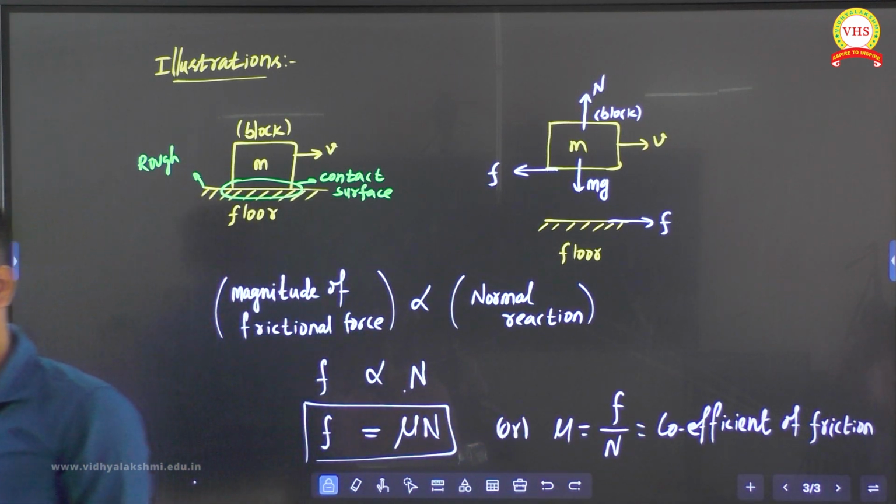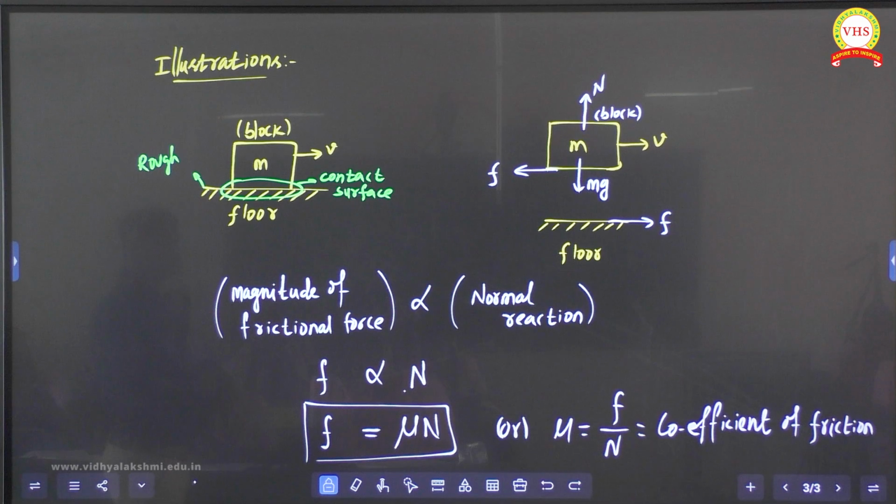So that is the point to remember. But always for that block which is moving on that, it acts in the opposite direction of motion. That one you can remember. Completed, all of you?